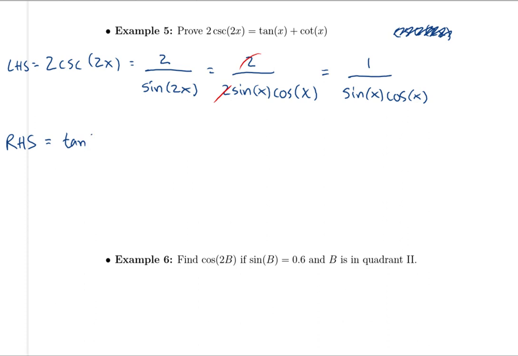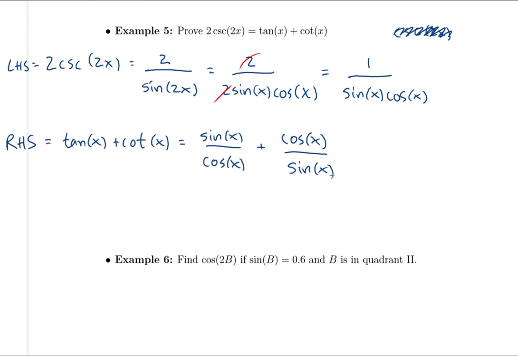So the tangent of x plus the cotangent of x is equal to sine of x over the cosine of x plus the cosine of x over the sine of x. And then we can multiply the top and bottom in order to make a common denominator in both of these.